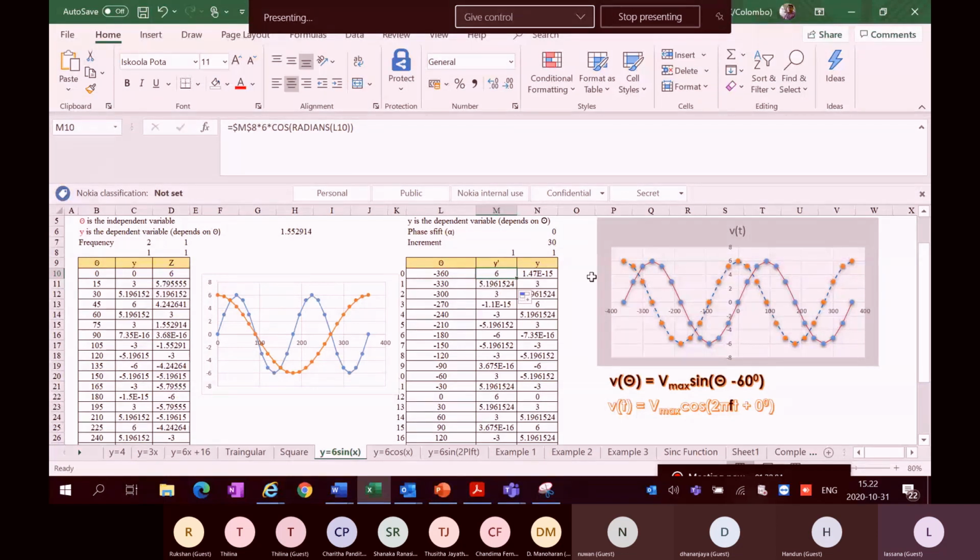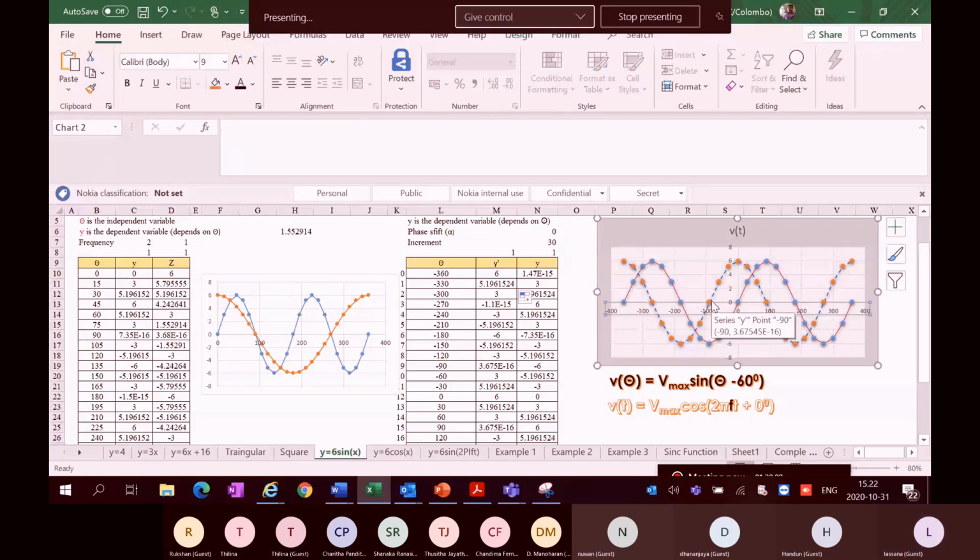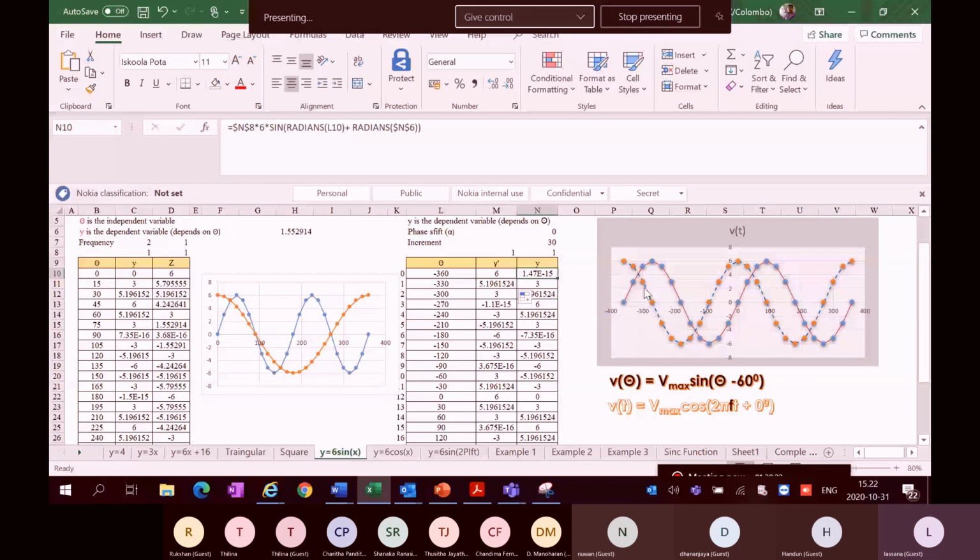And as per the way that I drew it, both cos and sine graphs have zero phase angles. Now I have a sine graph and a cos graph. Let me put cos here.